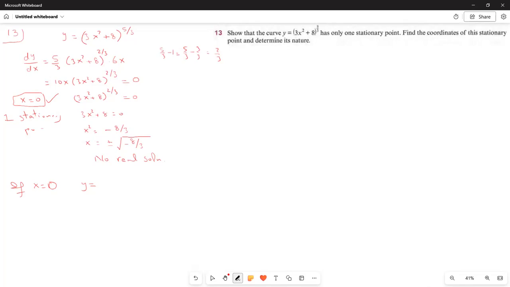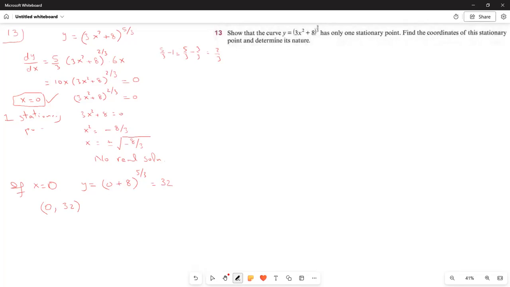When x is 0, y is going to be (0 plus 8) to the power of 5 by 3. Remember, the cube root of 8 is 2, and 2 to the power 5 is 32. So this is the answer. It means the coordinate of the stationary point is x equal to 0 and y equal to 32. This is the coordinate of the stationary point, right?